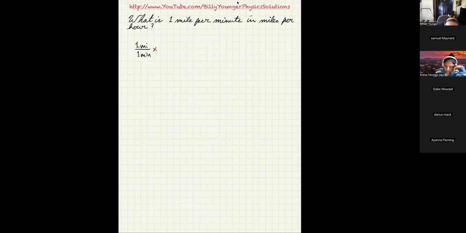Now I know I'm going to have to convert this. The miles per hour tells me that the mile up top is just fine. I can leave that be. I don't have to make any conversion there. But what I do want to do is change that denominator from minutes to hours. So first off, anybody recall how many minutes are in an hour?